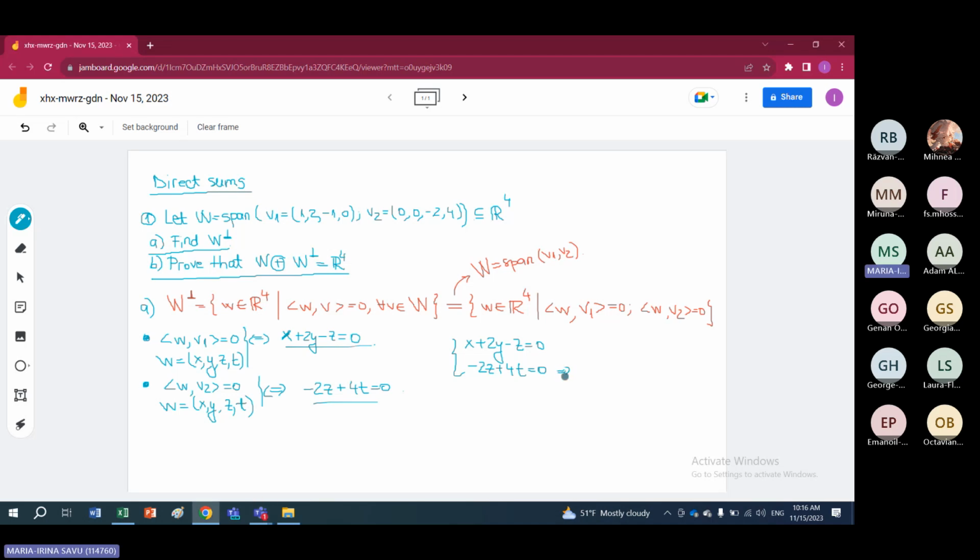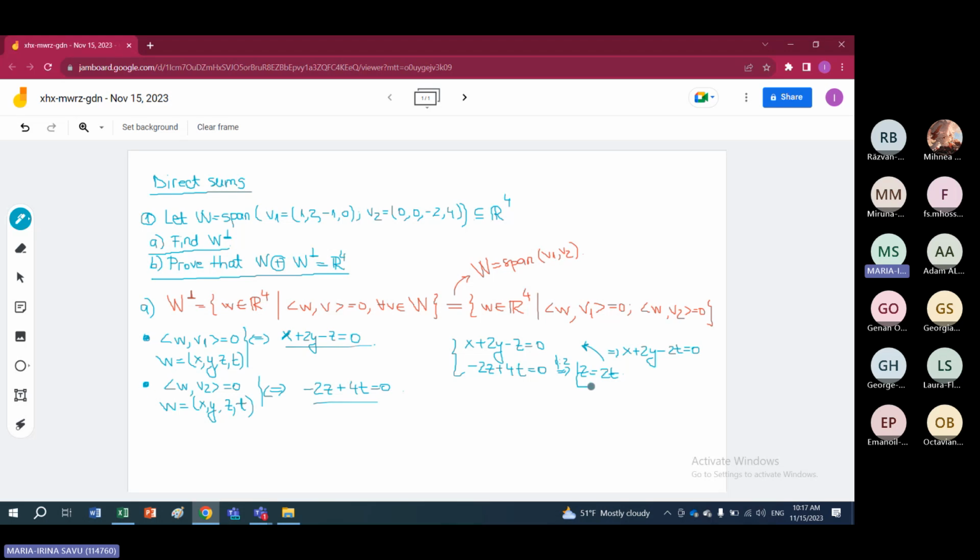So from here, divide this equation by 2, you get that, for example, 2t. But replacing here z by 2t will lead you to x plus 2y minus 2t equals 0.